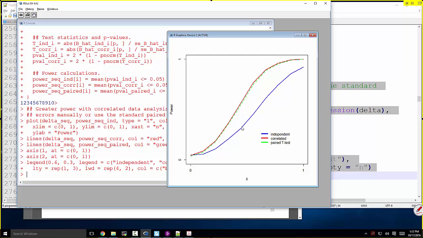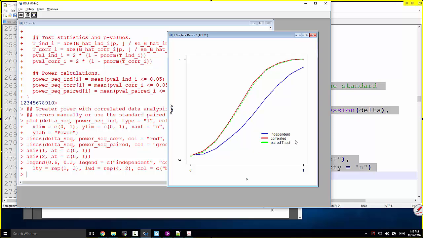So for these data, you could throw them into a two-sample t-test, even though they're paired. That does not bias your results, but it does decrease your power. When you have paired data, you have greater power when you do a paired analysis. I have two different correlated data analyses represented here.